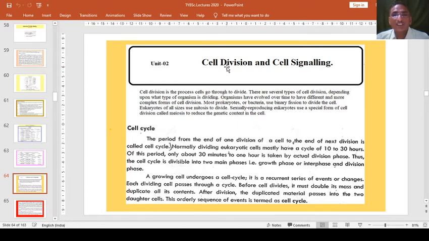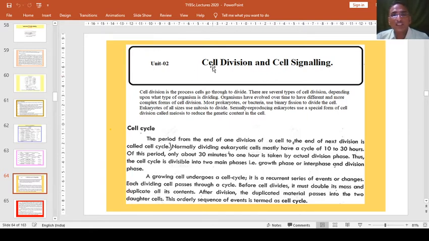These divisions are of two types, that is mitosis and meiosis. This division is according to the types of cells, because mitosis occurs in body or somatic cells, and meiosis occurs in germinative or reproductive cells, and therefore two different names are given.